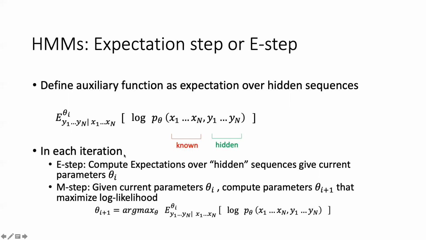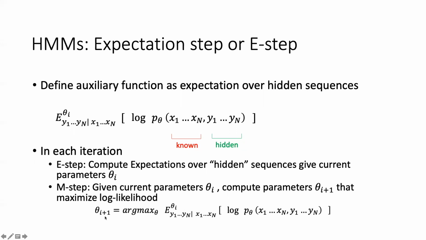In each iteration, we have an expectation step and a maximization step. In the expectation step, we compute the expectation over hidden sequences given the current parameter theta I. Once we compute the expectation of this expression in the E step, given the current parameter theta I, we need to estimate theta I plus 1 by maximizing the log likelihood, which maximizes this expression.